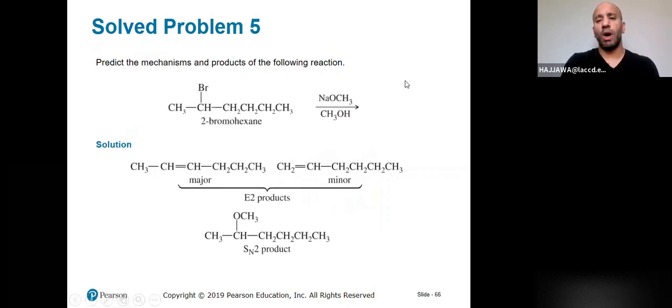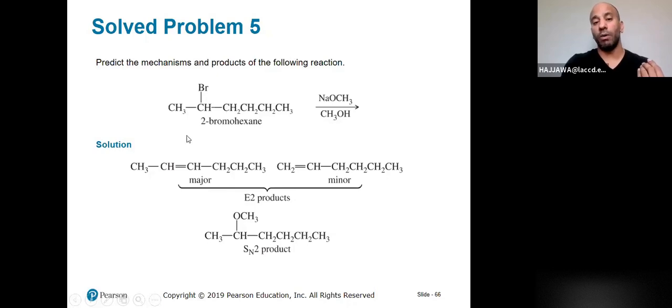So I've got more examples. I have a methoxide and a secondary alkyl halide. The fact that there is no heat means I will end up making two possible pathways, E2 and SN2. In the SN2, you're going to have the OCH3 in place of the Br. In the case of the elimination, the base will pick up a hydrogen from the internal carbon versus the terminal carbon.